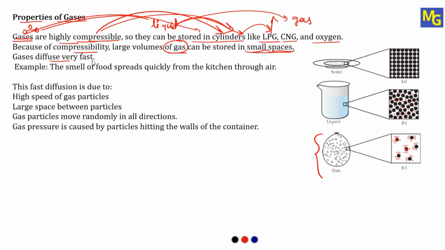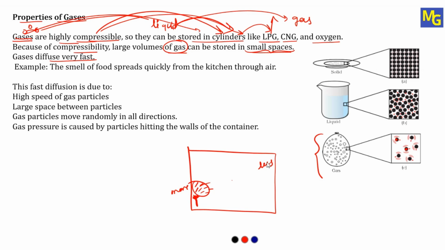Gases diffuse very fast. Gases diffuse very fast means they can move from one place to another place, or I can say from higher concentration to lower concentration very easily. For example, if this is the room and if you burn an incense stick here at this corner, the smell coming from this incense stick, all the particles of this incense stick will get easily mixed in the air, because the concentration of the incense stick particles is more here and less at this corner.